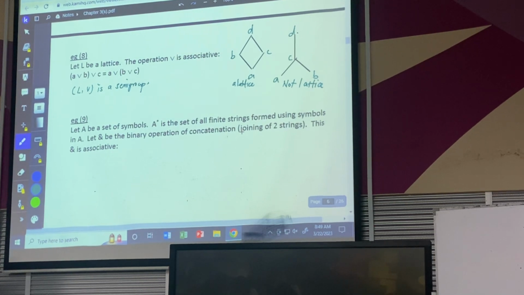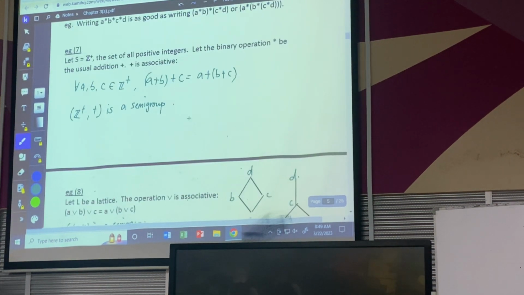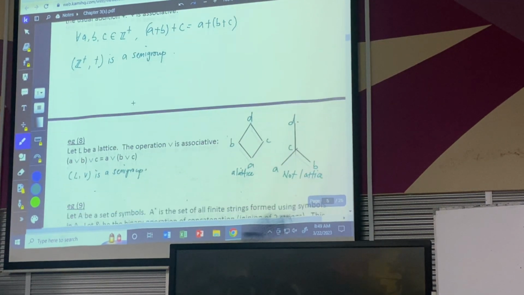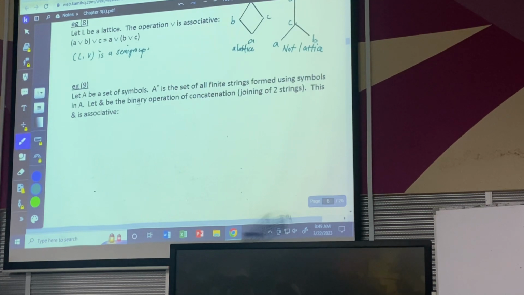So now you know what is the example of semigroup already, right? You have the lattice here with OR, you have the set of positive integer here with plus. This is the example of a semigroup. Okay? As long as you are able to determine that the operator with the set given is associative.